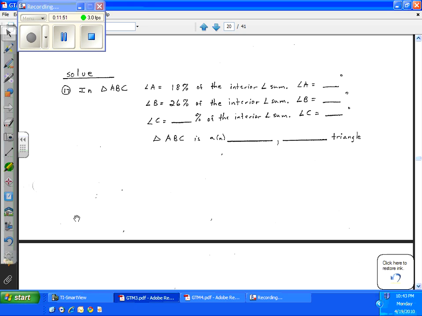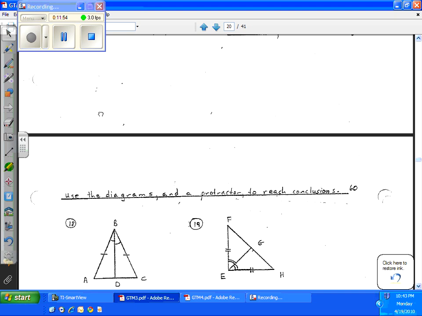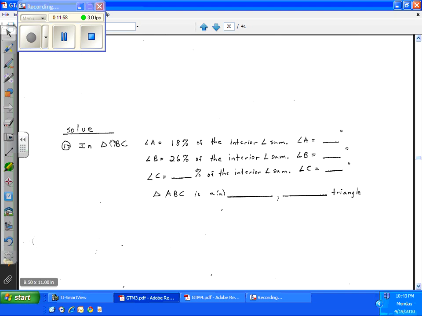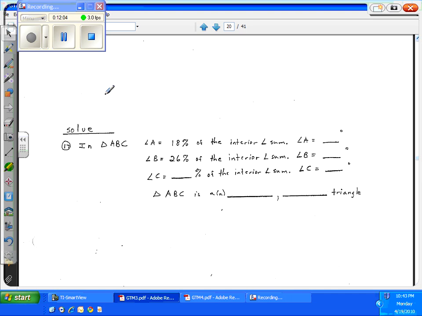At the end of this lesson, we put in some percentage type things, so let's just deal with one of those. Angle A is 18% of the interior angle sum. On page 62 to 63 AA of my Algebra 1 text, it talks about percentages.